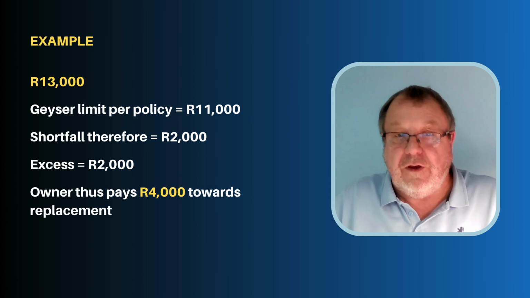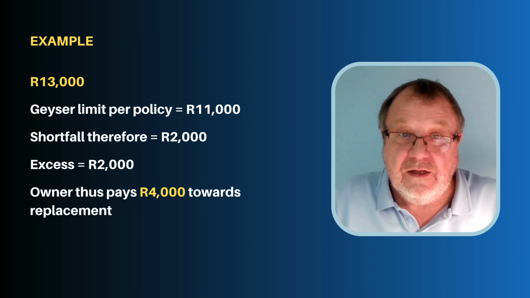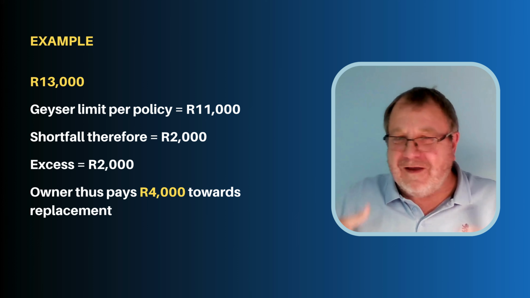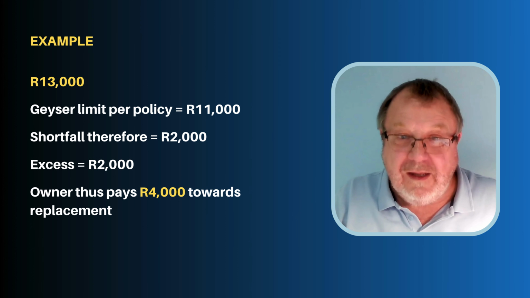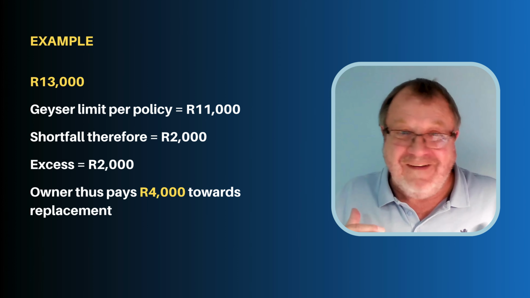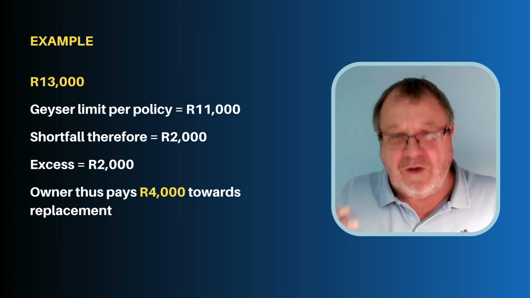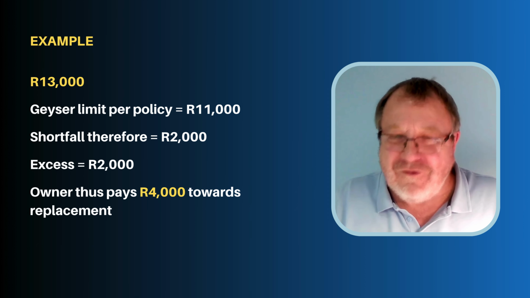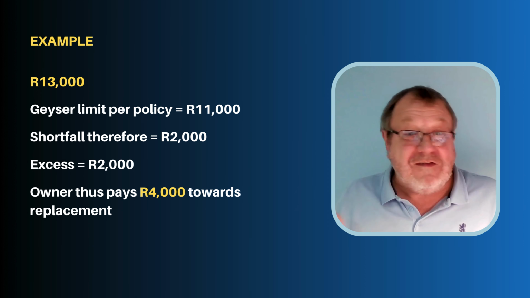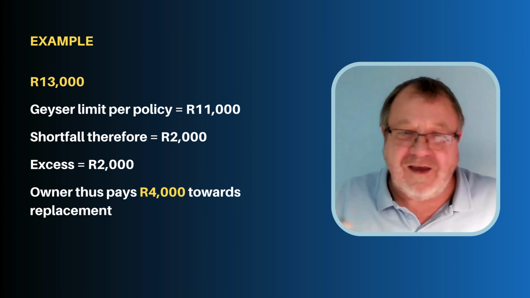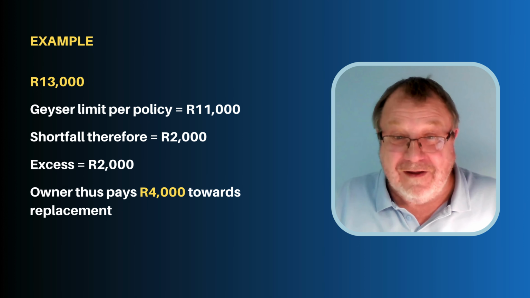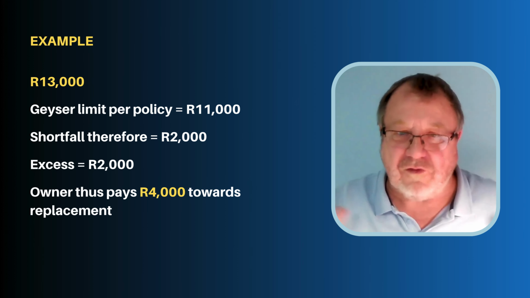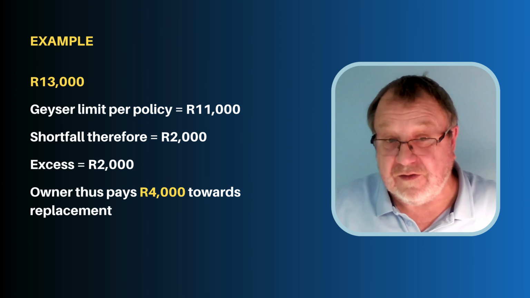In my opinion, the owner squarely and fairly would need to pay that 4,000 Rand difference. I consider that a bargain anyway, because if it's insured, it means that the owner is getting away with murder, in my view, because prescribed management rule 31, strictly speaking, says that the owner should be maintaining and replacing that geyser anyway. The fact that it is insured just smooths over the costs and everybody's paying towards that geyser.